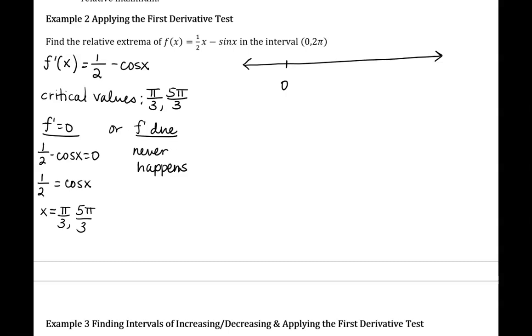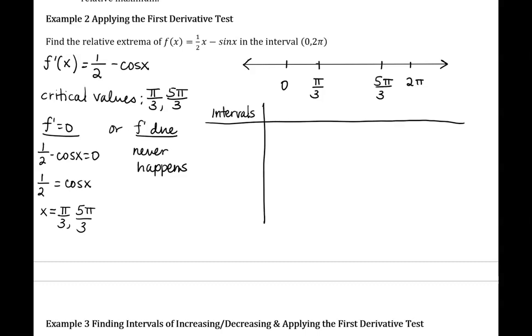From 0, and I'm using 0 because this starts at 0, I definitely need to make sure that I have my critical values of pi over 3 and 5 pi over 3 on this number line. And then I will end the number line at 2 pi. Values give us intervals to consider.